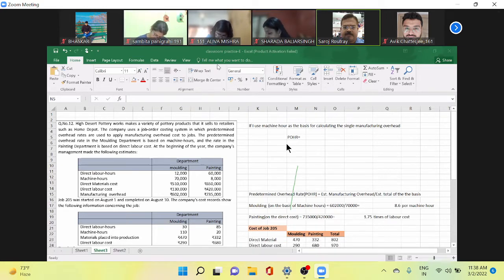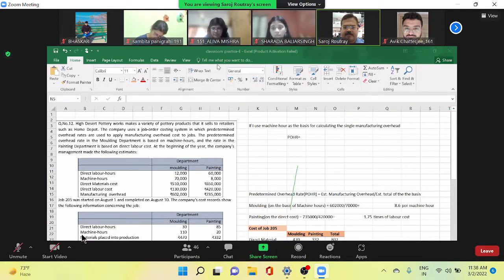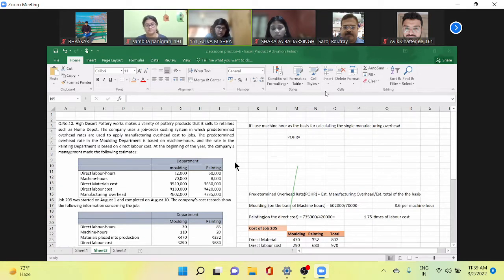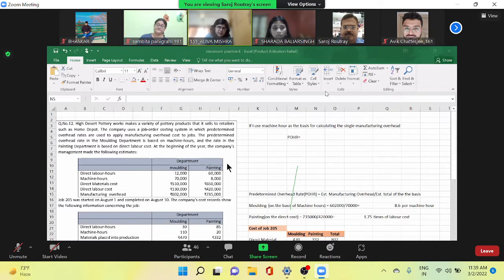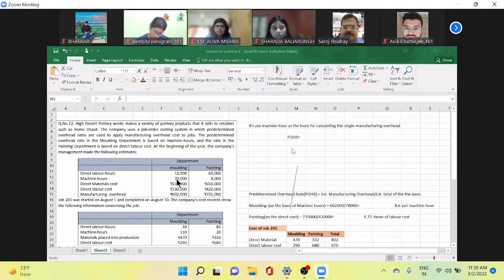Good, yes, the POHR is 17.14. So how do you get this 17.14? By adding the manufacturing overhead of molding and painting, divided by the machine hours of molding and painting. You took the total manufacturing overhead, because I said a single rate.